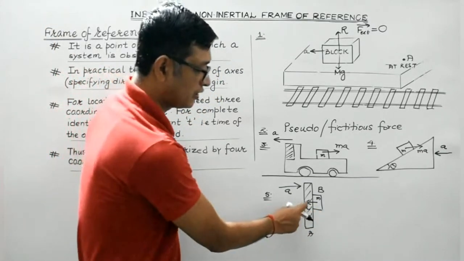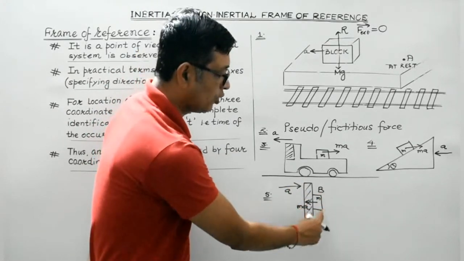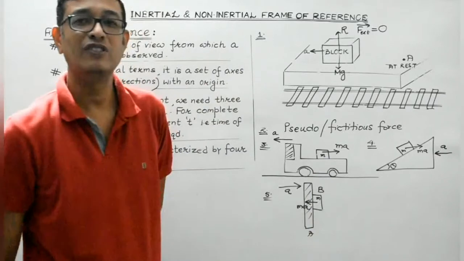So this fictitious force might help in preventing the block B from sliding down.